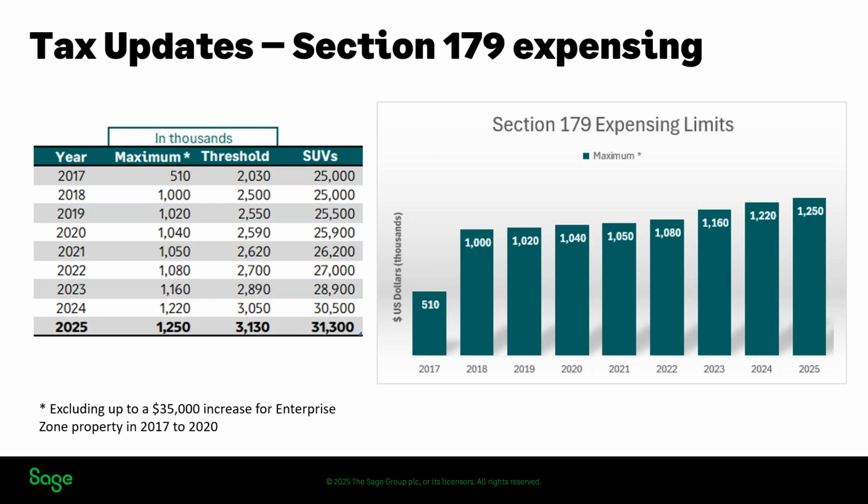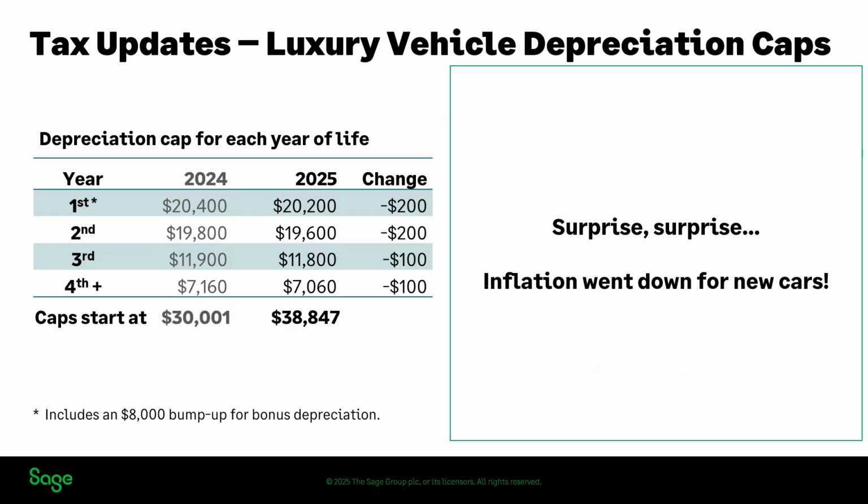And the SUV maximum amount for Section 179 write-off is listed in the right column there, and that is up to $31,300 per vehicle that is an SUV under the IRS's description of what an SUV is.